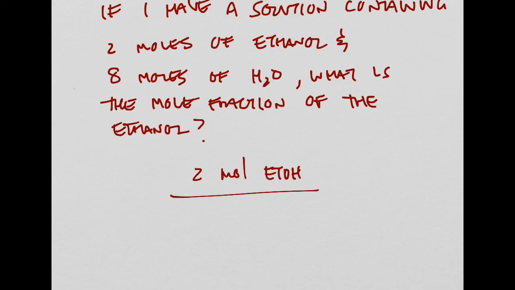So the total number of moles of solution is going to be 2 moles plus 8 moles, or 10 moles of solution. And when you chuck that into the calculator, you get a number of 0.2. No units associated with this because the moles cancel each other out, but that is the fraction, in terms of moles, of ethanol in this entire solution that contains ethanol and water.